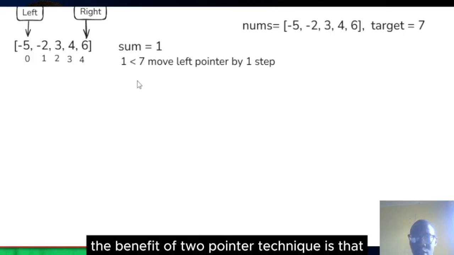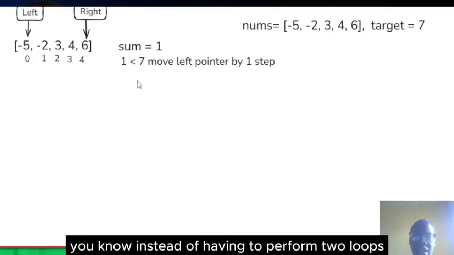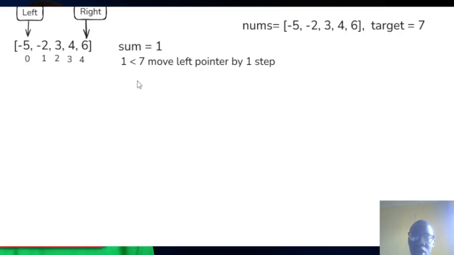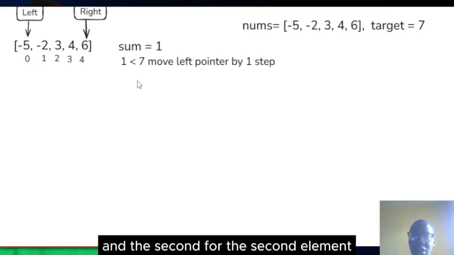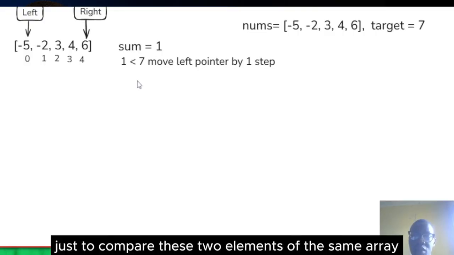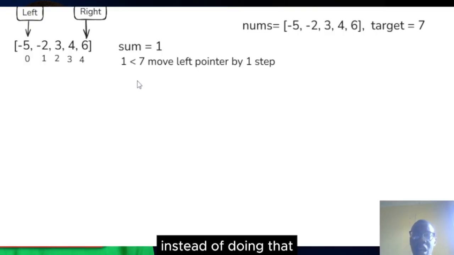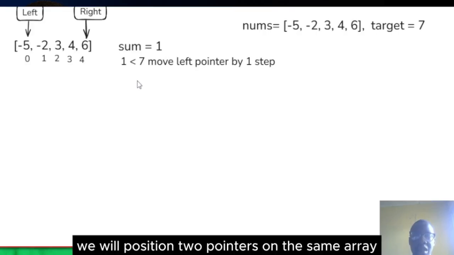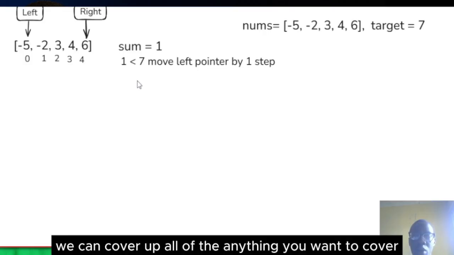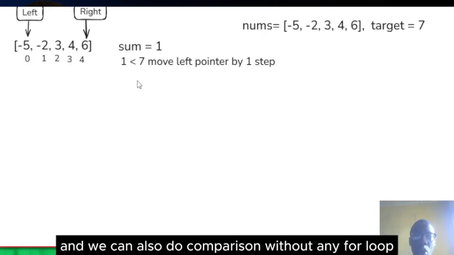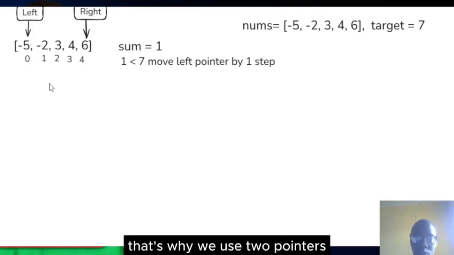The benefit of the two-pointer technique is that, instead of having to perform 2 loops, first for the first element and the second for the second element, just to compare these 2 elements of the same array, we will position 2 pointers on the same array, and even just by one iteration, we can cover up anything we want to cover up, and we can also do comparison without any for loop. That's why we use 2 pointers.